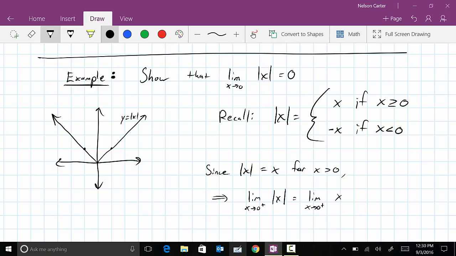Okay, now that's the same kind of argument that we made in that first piecewise defined function with that pi business. And for this, you can use the direct substitution property, and you're going to get 0.